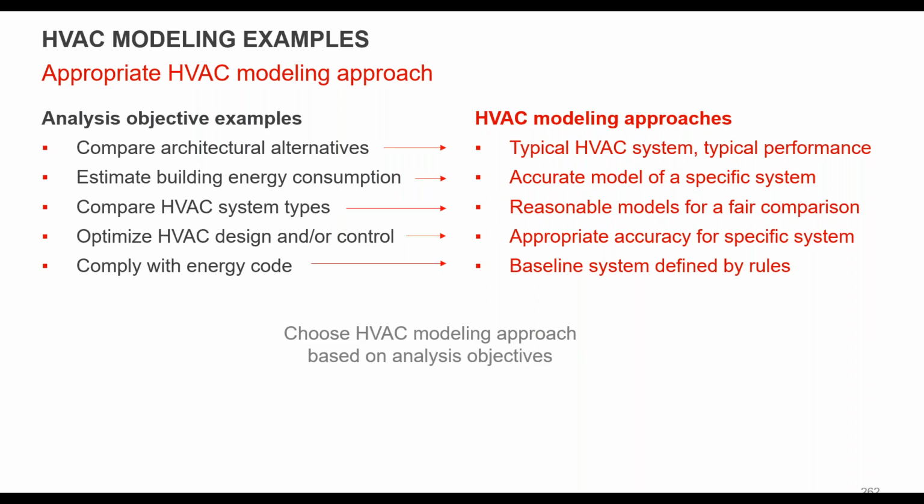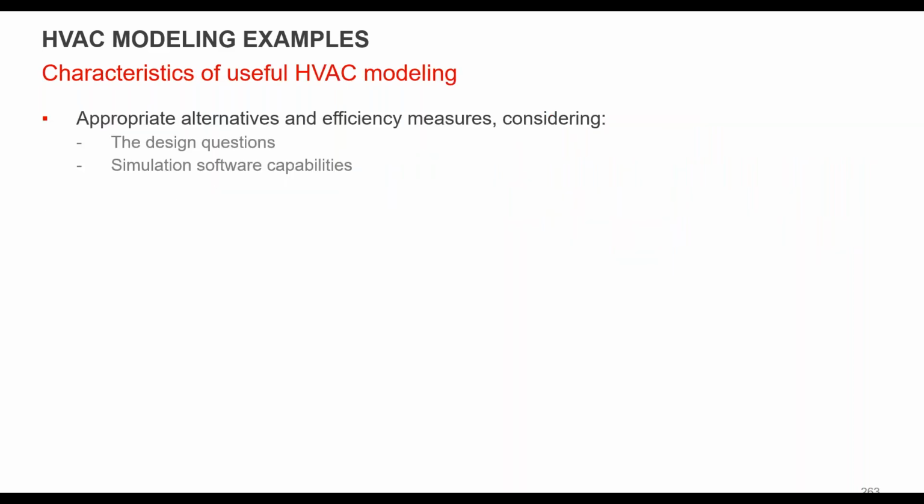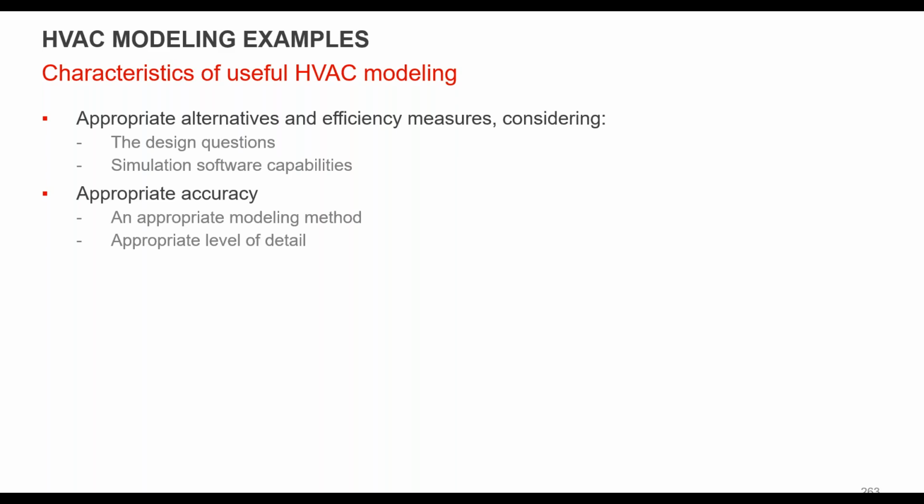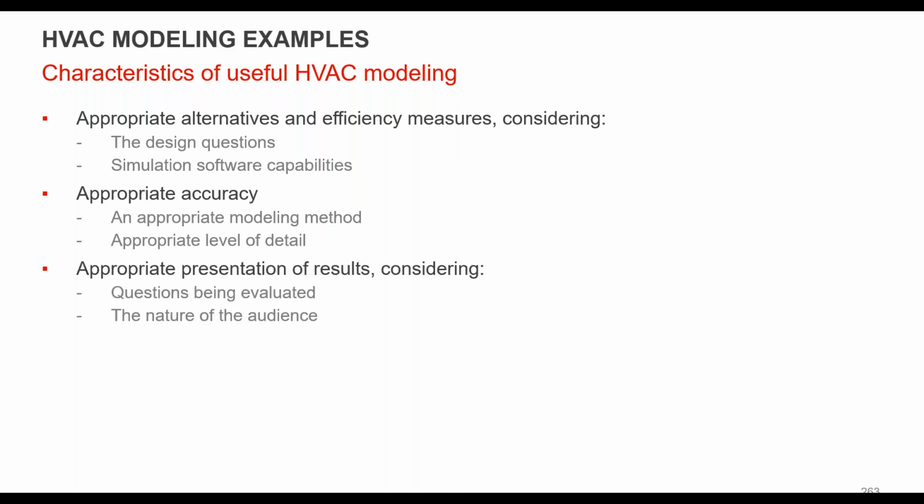We've said it before, we'll continue to say it, that framing out what you're trying to answer will help inform how you actually structure your model. So we're going to look at some examples for efficiency measures, like what that actually looks like in terms of capabilities of software, how much accuracy is actually required, how to present results.